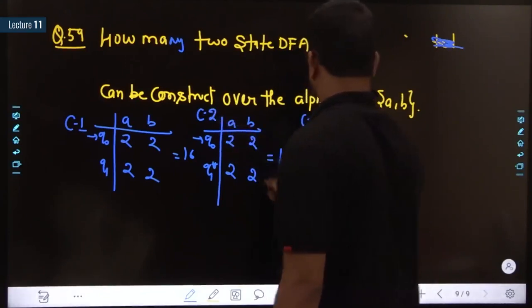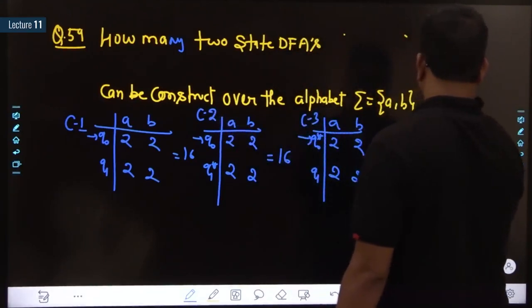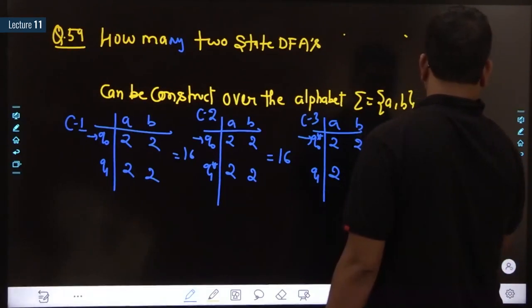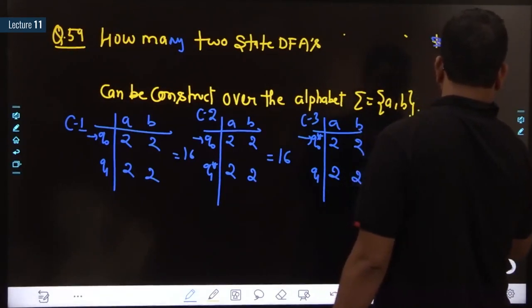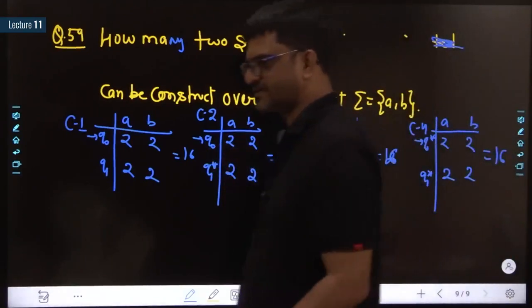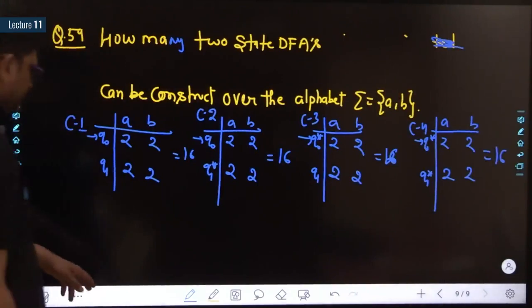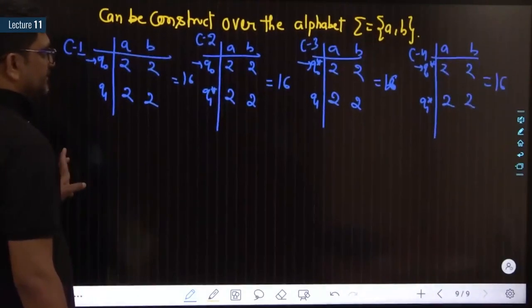Case 4. What is case 4? Both are final states. Q0 is also final and Q1 is also final. 2, 2, 2, 2. These are a total of 64 DFAs. Now, change the initial state.